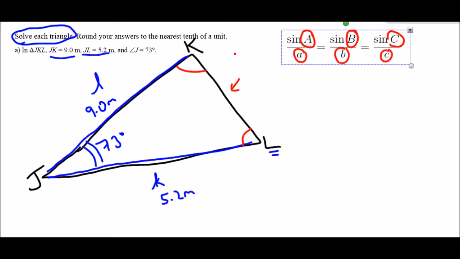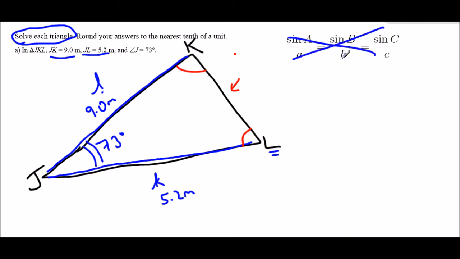In other words, we need one complete pair of vertex and corresponding side. Here, I know angle J, but I don't know side J. I know side K, but not angle K. I know side L, but not angle L, so I can't use the sine law yet. And that means I have to use the cosine law.